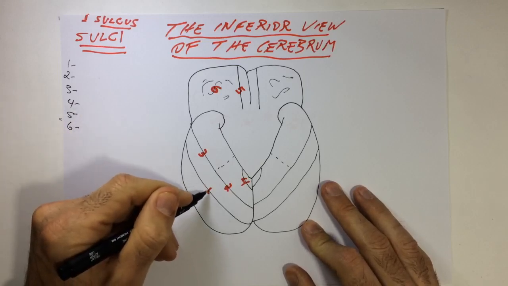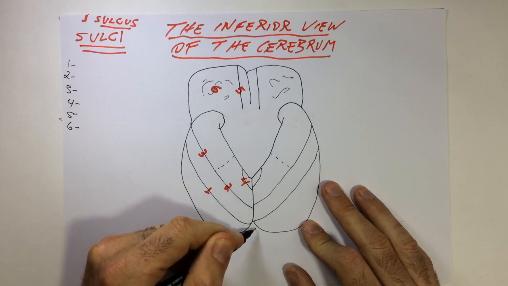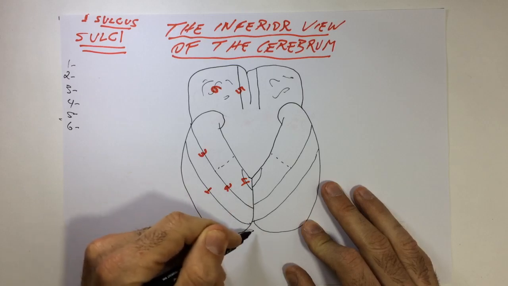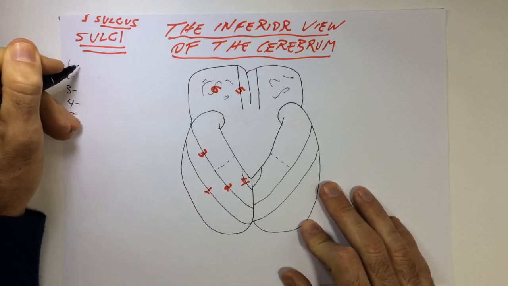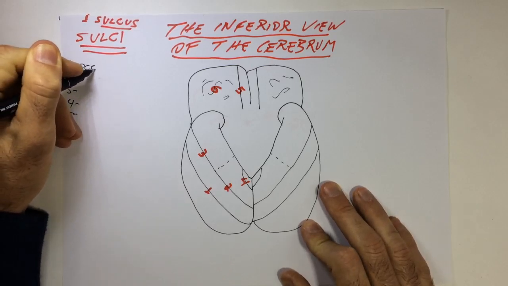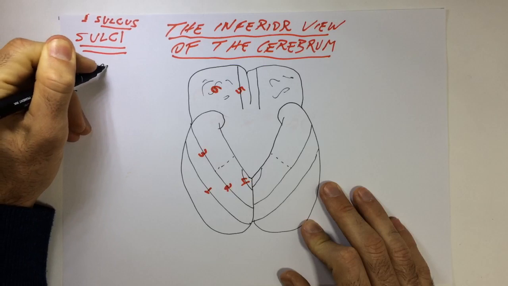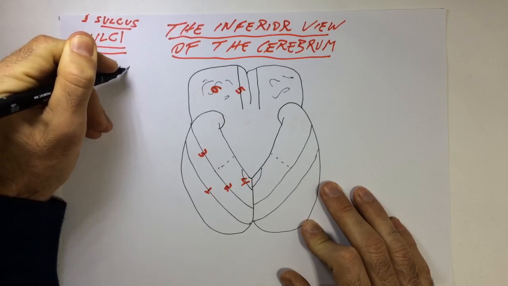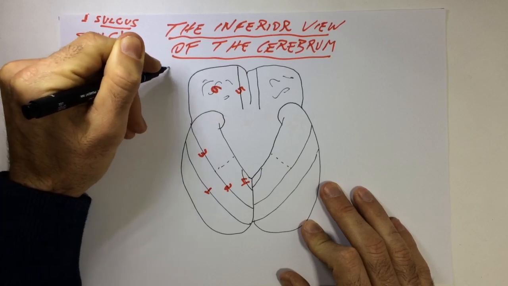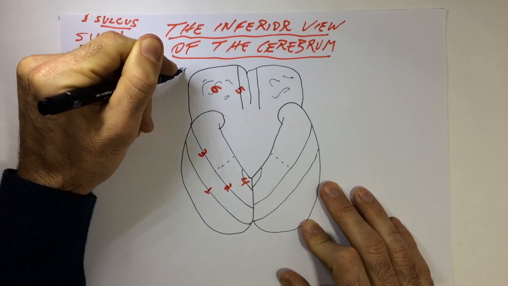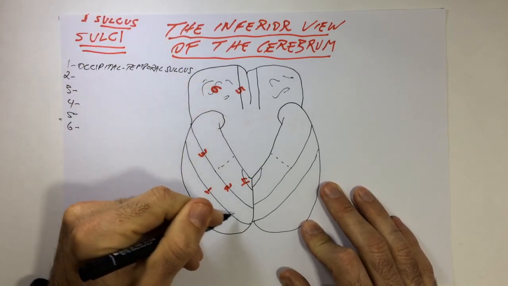So this one here, for example, it's the sulcus that starts in the occipital lobe and goes all the way to the temporal lobe. So it's called occipital temporal sulcus. Occipital temporal sulcus.